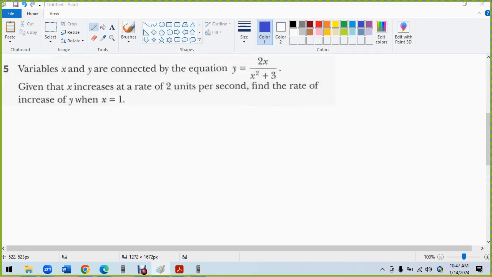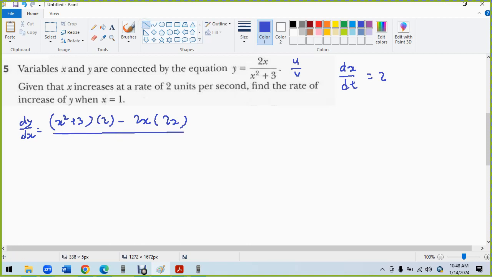So for question number 5, we have y equal to 2x over this one. So this is u over v. So x increases at a rate, so this is dx/dt equal to 2. So we want to find dy/dx: (x squared plus 3)(2) minus (2x)(2x), and the whole thing divided by (x squared plus 3) squared.